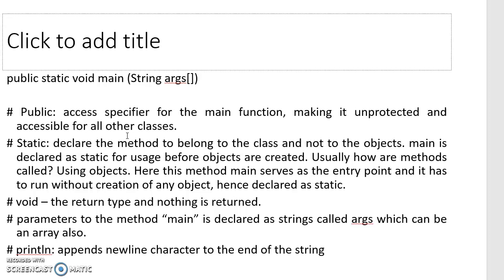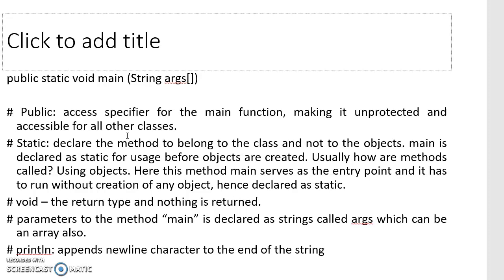In that set of programs that we did in C++, one of the variables was declared as static, which means it would be shared by the different objects. That means instead of creating variables for all the objects, only one copy of the variable will be retained for all the objects.